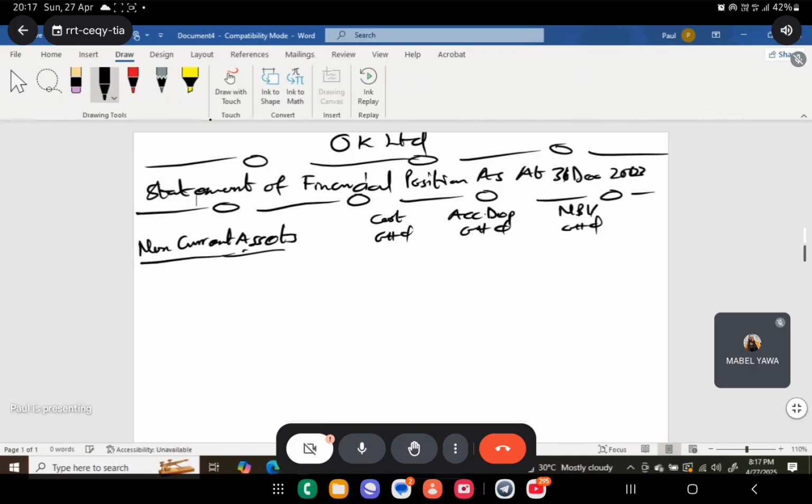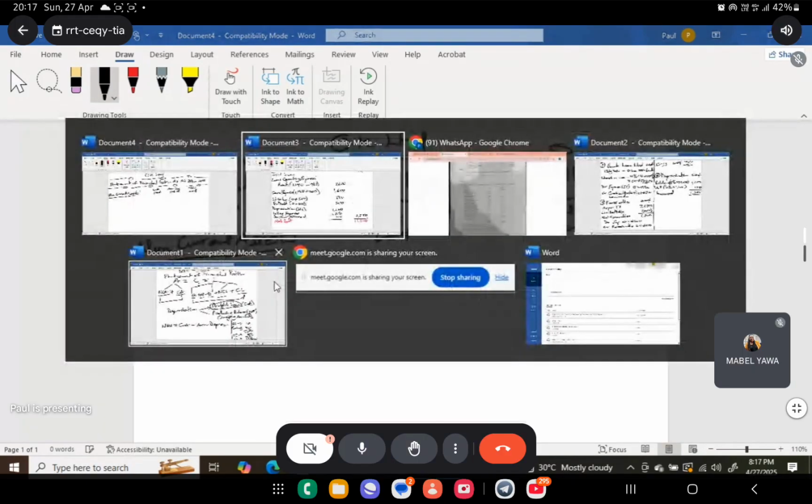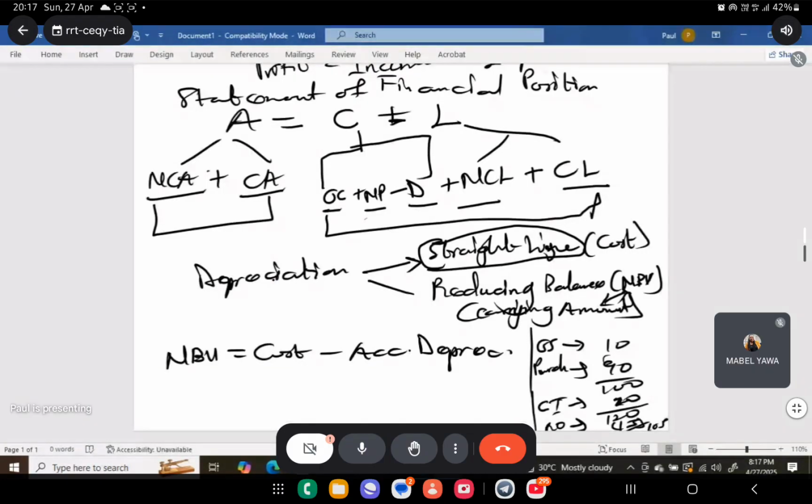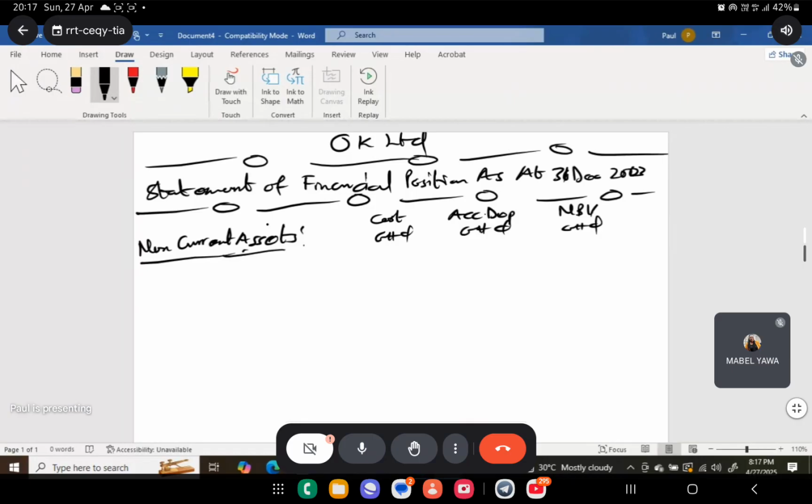You see, I told you guys that we start with our assets, the non-current assets first, before we go to current assets. So this is the non-current assets section.